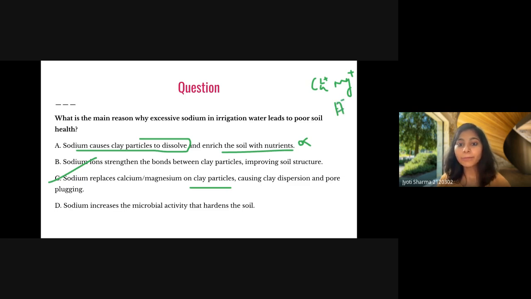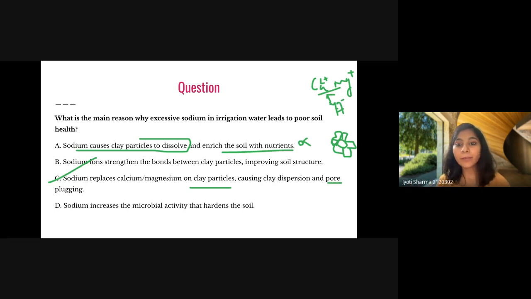So what will happen? That positive charge will make a bond with the negative charge of the clay particle, and this is how it will form the pores, the comb-like structure. This is how clay soil actually is.